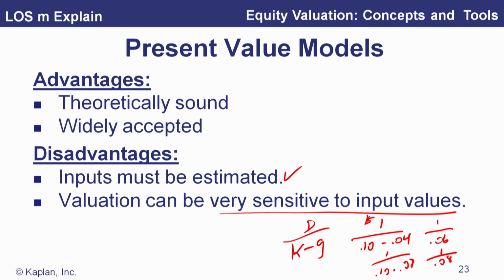And so that difference, instead of dividing by 0.06, we're dividing by something that's 33% larger, 0.08. That difference in values can be really large just based on the small changes. And when k and g are close together, it's even more sensitive to changes in our estimated constant growth rate.